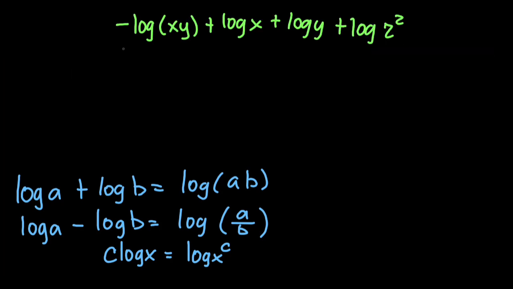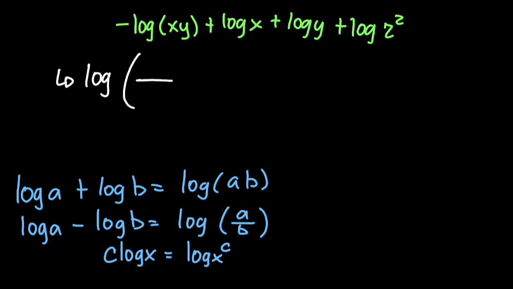For the last problem, negative log of xy plus log of x plus log of y plus log of z squared. Since there aren't any variables here or constants, let's get right to condensing it once again. Since this is negative, it would be on the denominator.